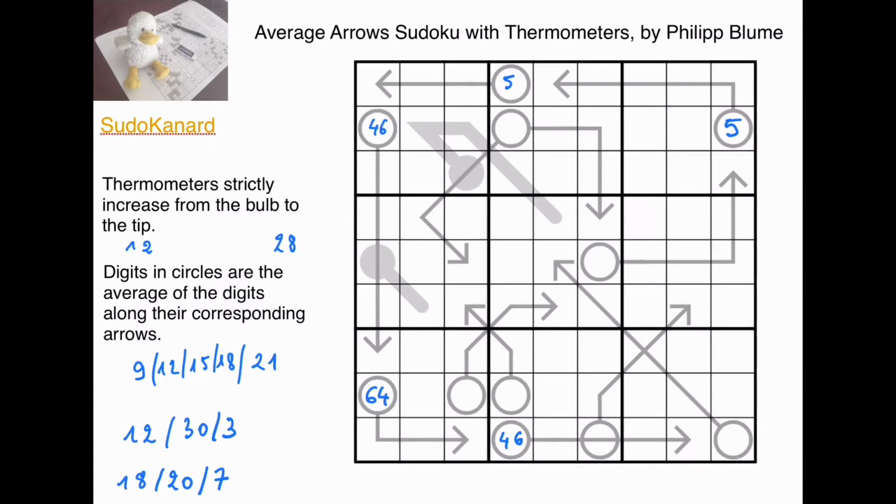There's some correspondence here. If this is a 4, then obviously this one has to be a 6. That's 18, making this a 4, and this a 7. And the other option, the right-hand scenario, when this is a 6, then this is a 4. We have 12 here, we have 30 here, and a 3 there.